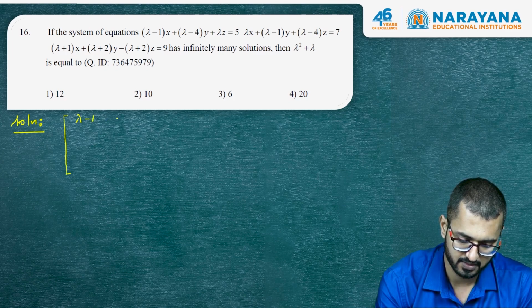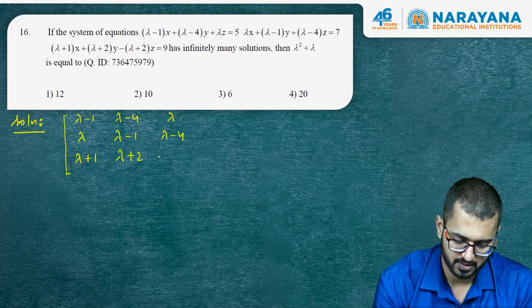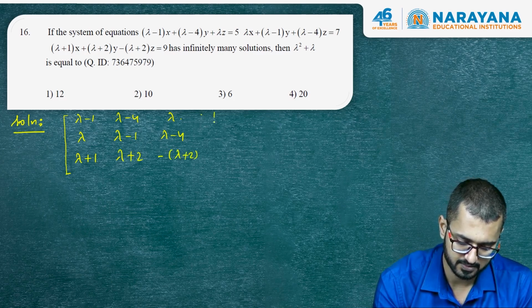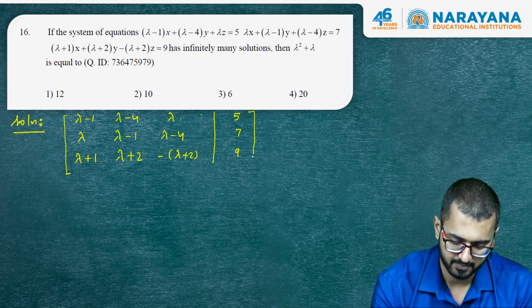Lambda minus 1, lambda minus 4, lambda, lambda, lambda minus 1, lambda minus 4, and lambda plus 1, lambda plus 2, and minus of lambda plus 2. This, and then here on the right side we have 5, 7 and 9.